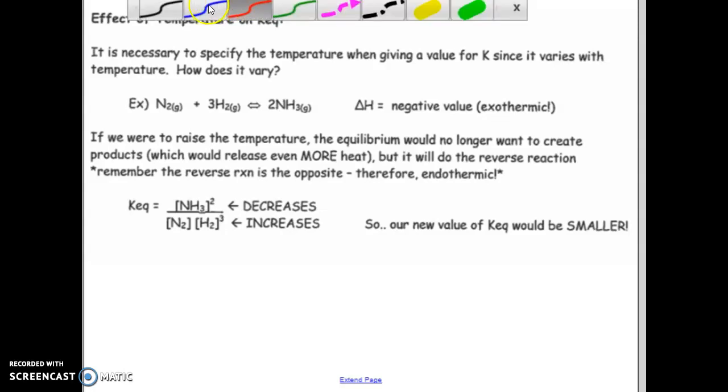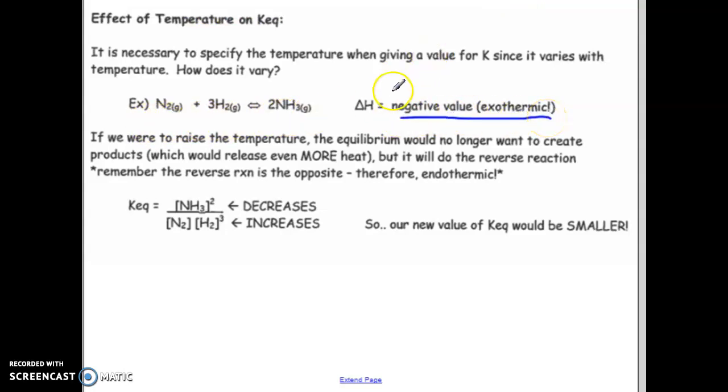So let's say we're dealing with this reaction here that's an exothermic reaction, right? So it has a negative delta H value. That means if it were to go in the forward direction, it produces energy, right? So energy is on the product side.